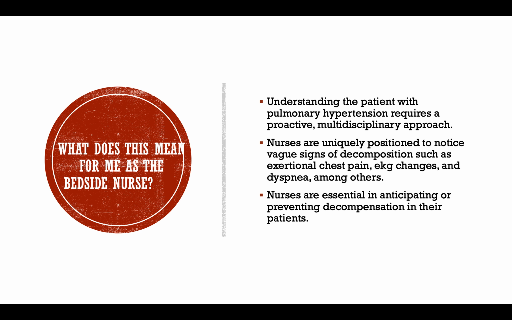So if we have a patient who's admitted with a history of pulmonary hypertension or right-sided heart failure, we want to be thinking about, do they have exertional chest pain? Is it unstable angina, or is it just something that they always have?